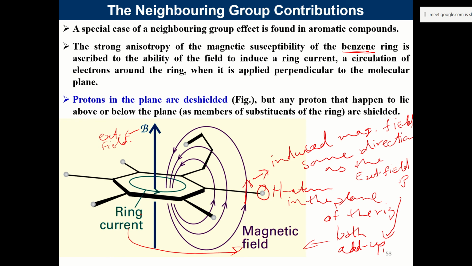But think of a substituent which has a hydrogen atom placed over here, above the ring. At this point, the induced magnetic field, B induced, is pointing in the downward direction, while the external magnetic field is in the upward direction.